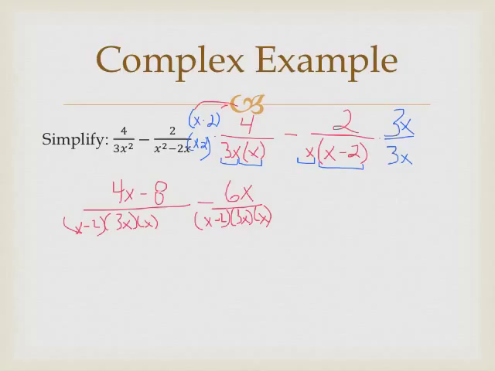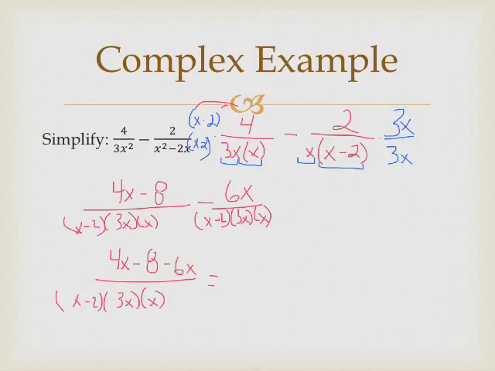And now they have a common denominator, we can rewrite it as a single fraction. So it's 4x minus 8 minus 6x all over our common denominator of x minus 2 times 3x times x.